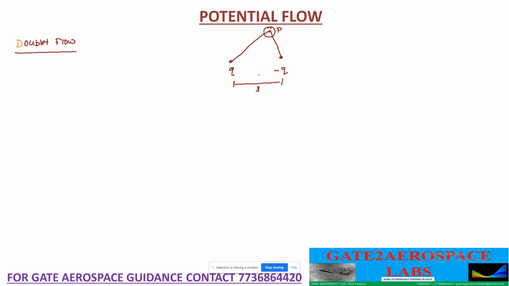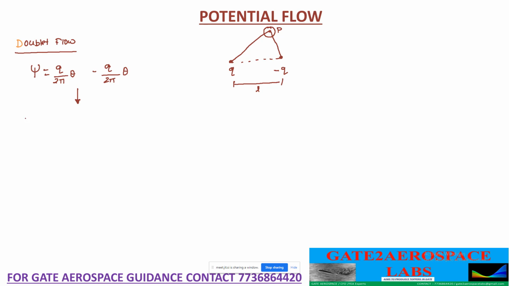So to determine that, we have to first of all write the stream function. The stream functions for a doublet flow is given by q by 2 pi theta, and for minus q it was given as minus q by 2 pi theta. I will not go into the derivation part of it. In the usual course I go into the derivation, but this is a revision, so I will write the final expression directly.